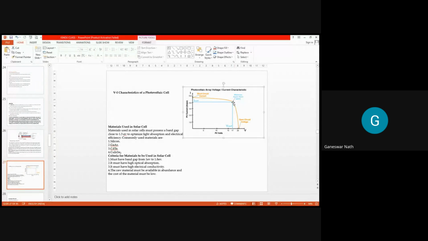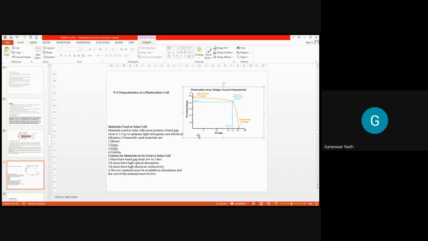After that, every material has a decomposing state. It can operate for a particular period, and after that its efficiency goes on decreasing. Throughout the entire life cycle of the solar cell, this is the characteristic curve that you can obtain.